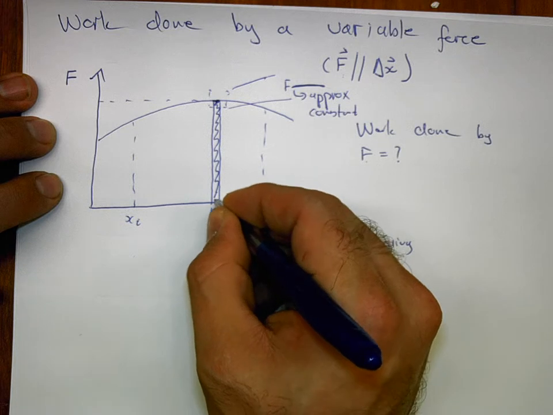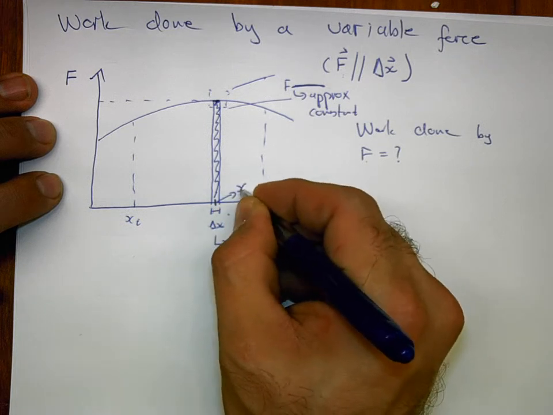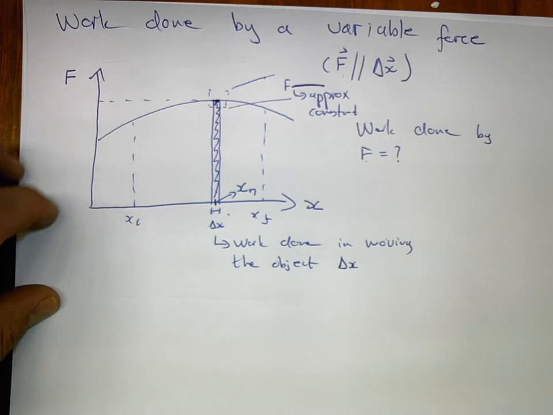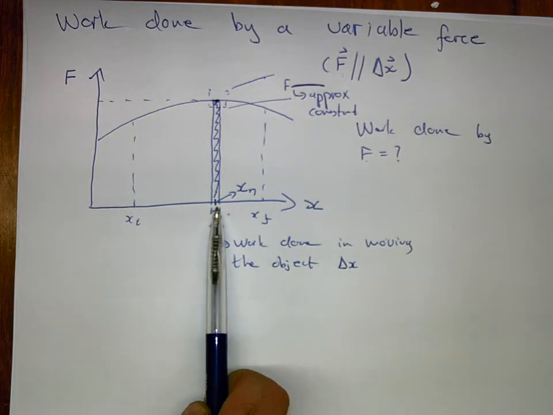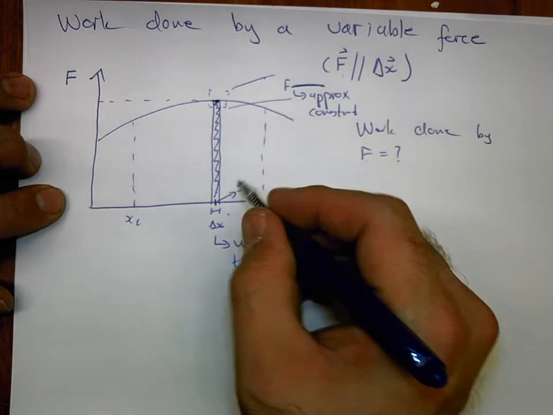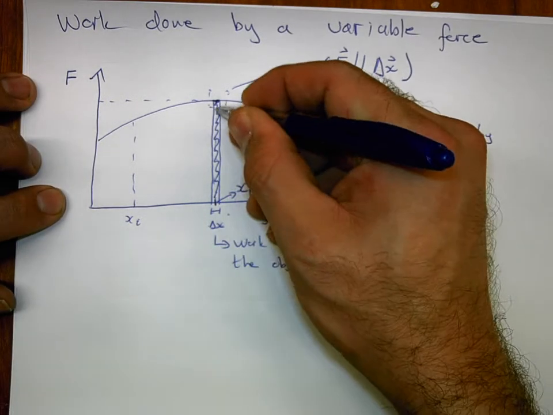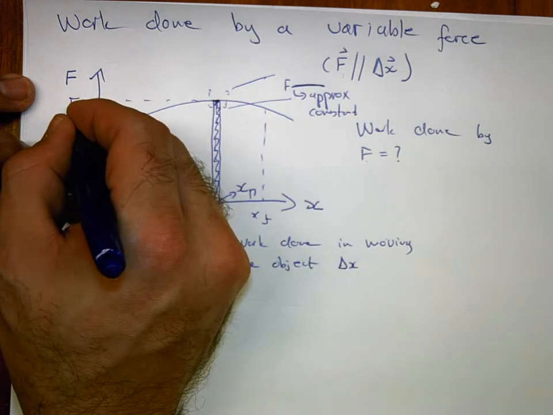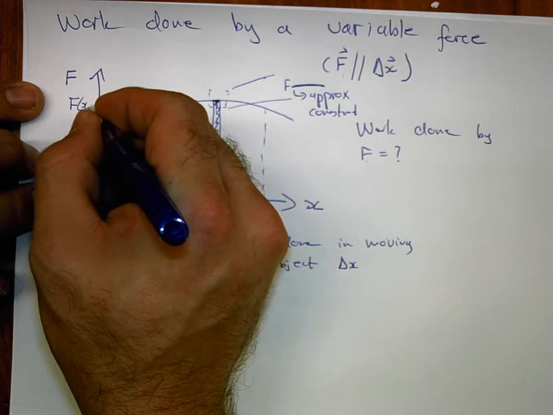Let's say over there we had some value of x. So that's in the middle of that rectangle. I'm just going to call it x_n for now. So the value of the force over this interval is approximately equal to that.